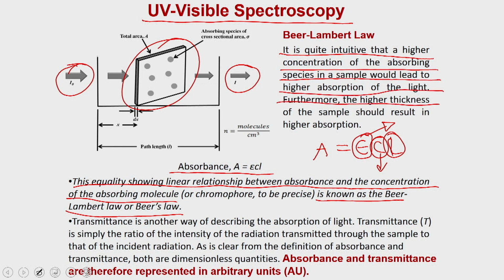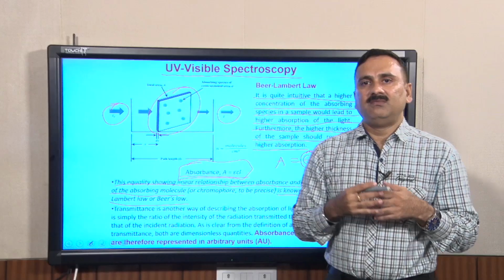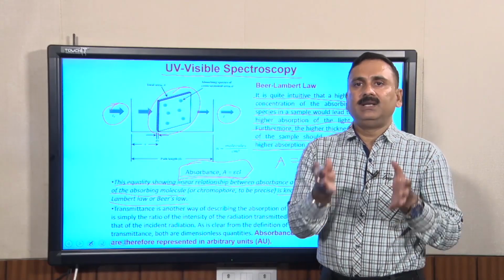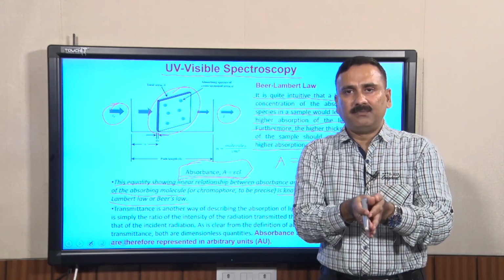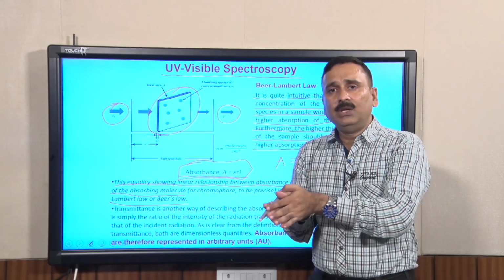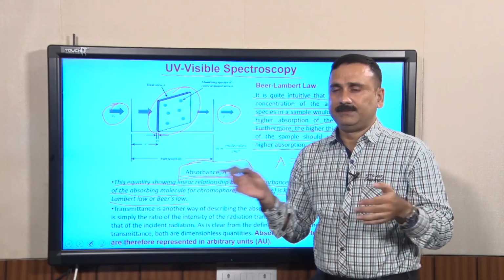Furthermore, a higher thickness of the sample should result in higher absorption, and as a result the absorbance is directly proportional to epsilon C L, and that can be used to calculate the absorbance of a particular sample at a given wavelength or in a range of wavelengths.